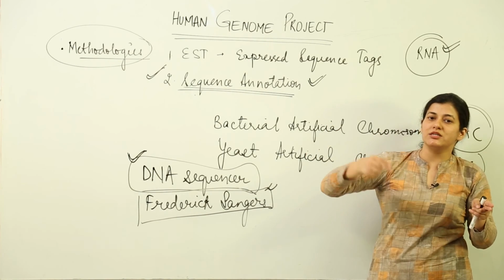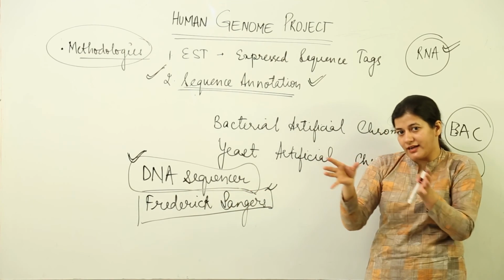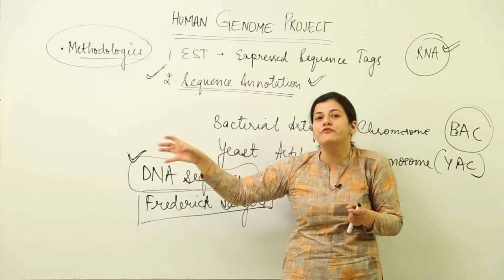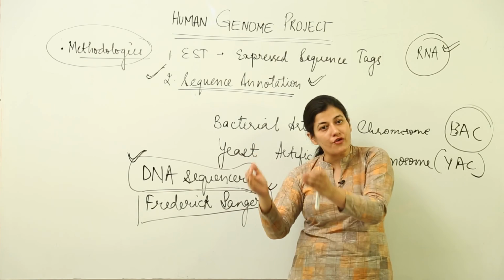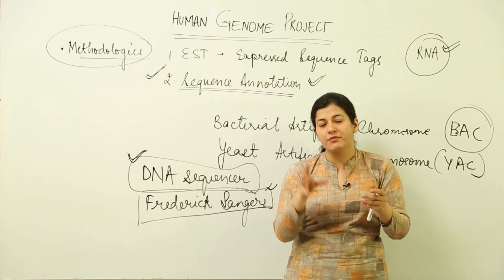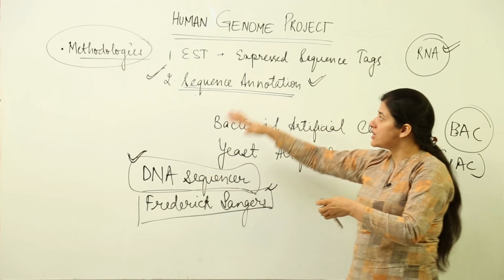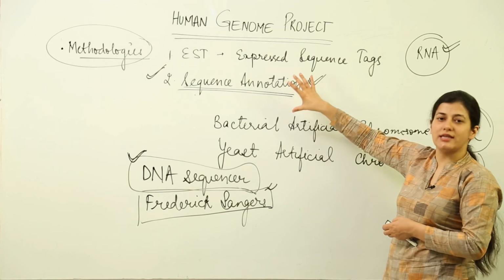If that sequence is getting repeated, that means the nuclease is cutting at many sites, it is finding that sequence time and again. So, you get to know that there is a lot of polymorphism in the sequence, and that shows overlapping. And from that polymorphism, we can get an idea what the sequence is all about. All this comes under the methodology known as sequence annotation.